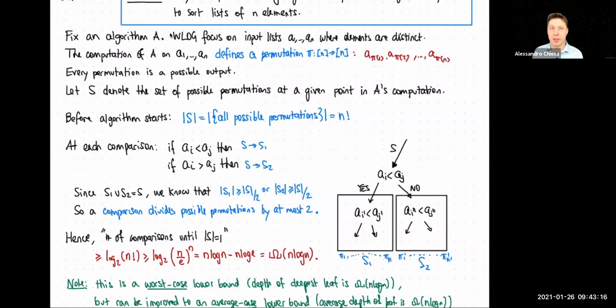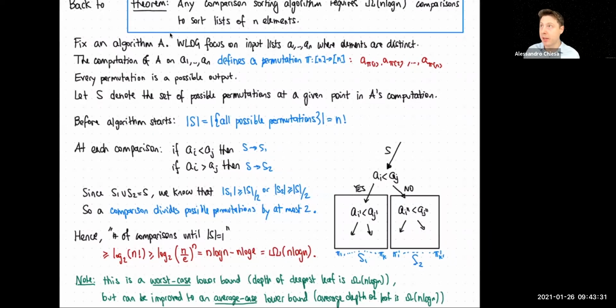Okay, so it's not just that there is one place on some input where you're going to pay n log n, but on most inputs you're going to pay for depth of n log n. Okay. All right. So let me just zoom back out a little bit.